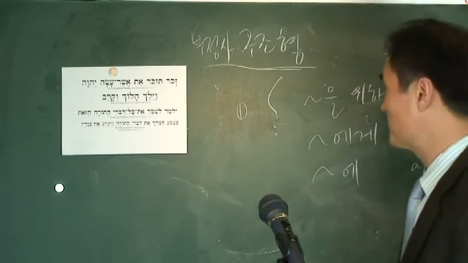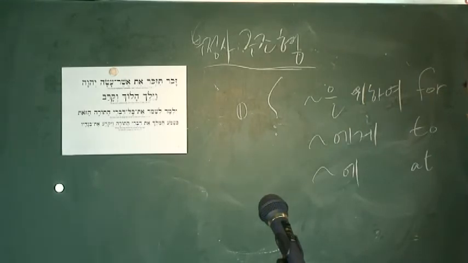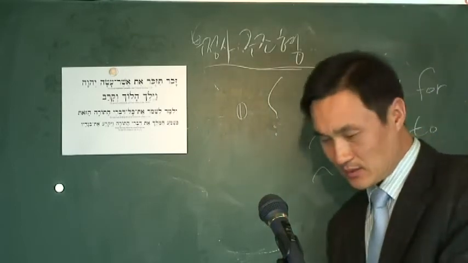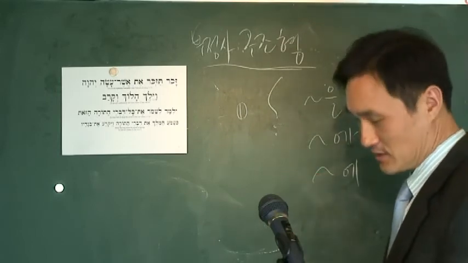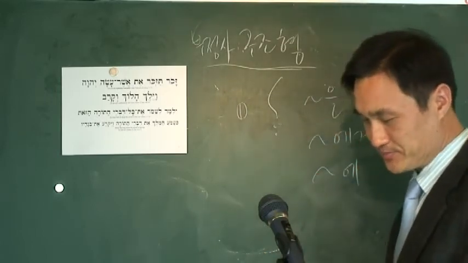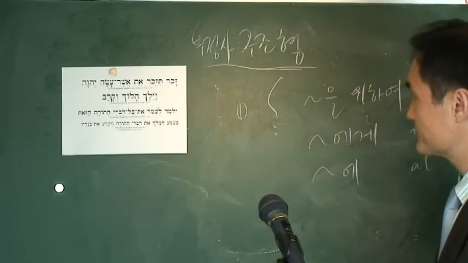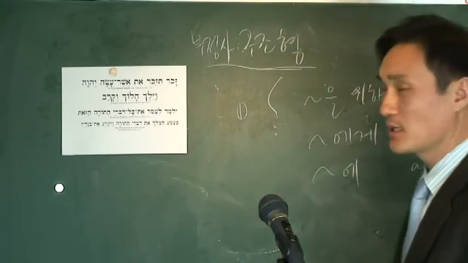In English, they would refer to the prepositions for, to, and at. The infinitive construct state applies here.